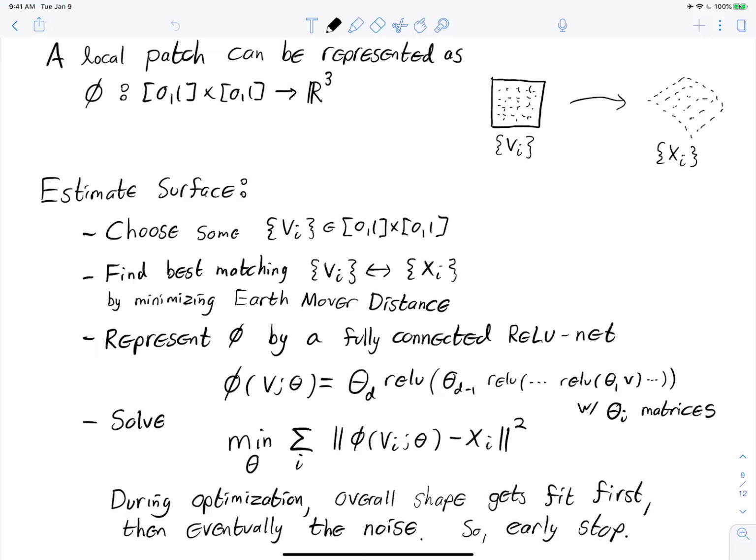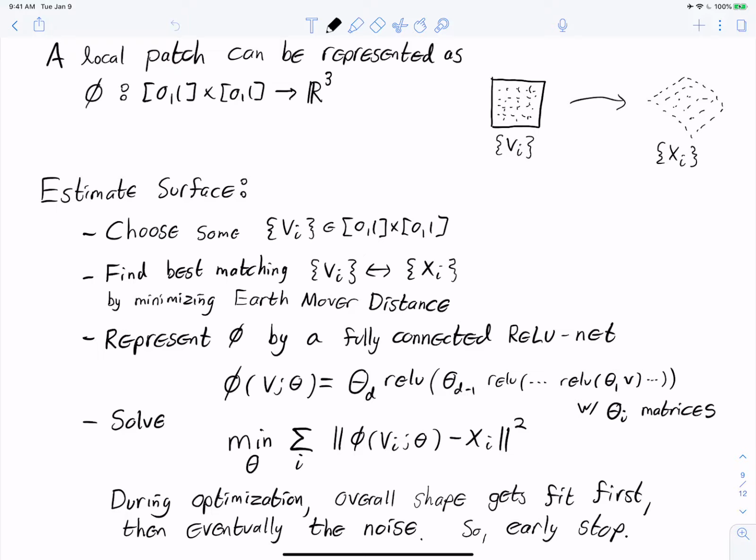What's interesting about this architecture is that there's really no structure. It's a fully connected net, and in principle there's no real bias put into this net by its architecture.